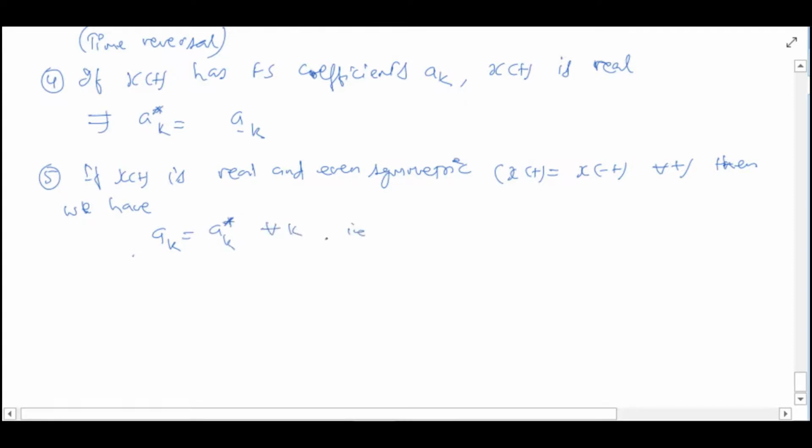That is, the a_k's are real. This is obtained by combining properties 3 and 4.